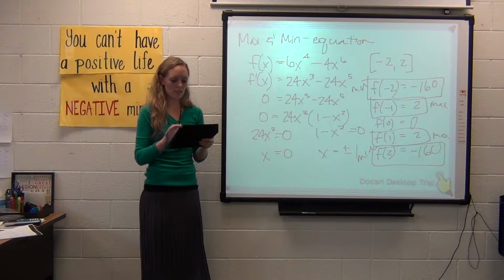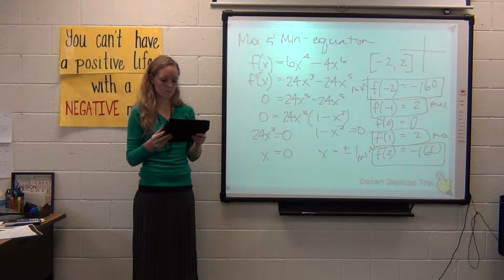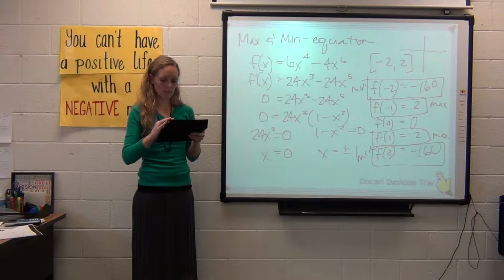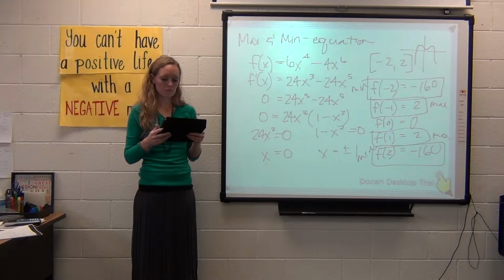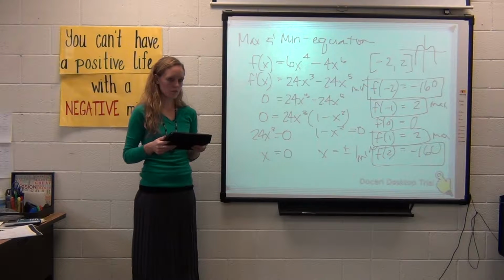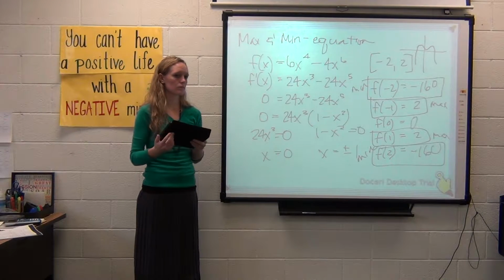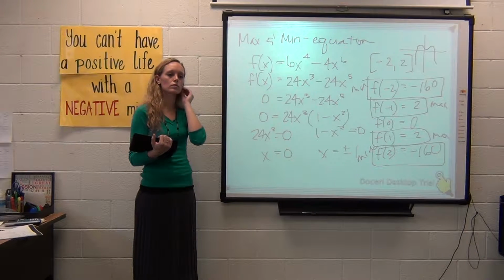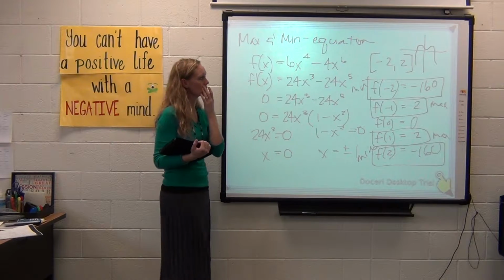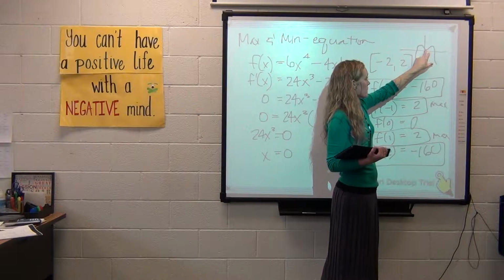It would look like an M. It doesn't matter if the function is closed or open. That's what that interval would look like. So you have the max where it's at the highest and the minimum where it's at the lowest, but the 0 is where it dips down a little bit and then goes back up.